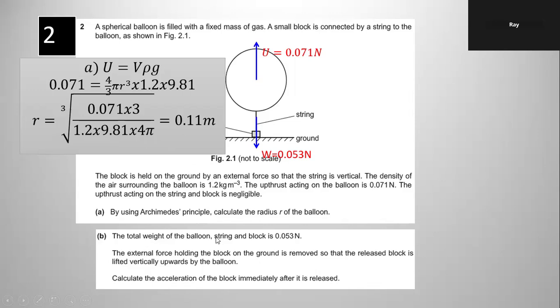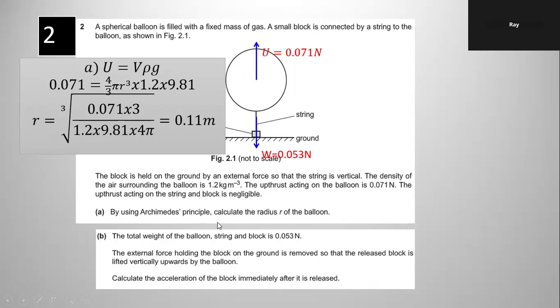Total weight of balloon, string and block is 0.053 Newton. The external force holding the block on the ground is removed so that the released block is lifted vertically upwards by the balloon. Calculate the acceleration immediately after it is released.